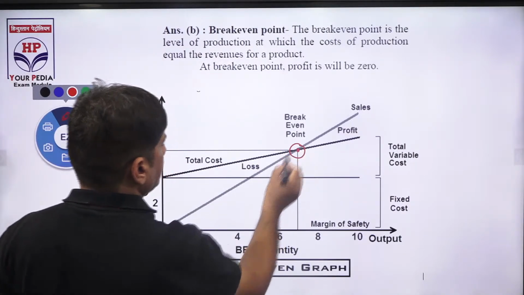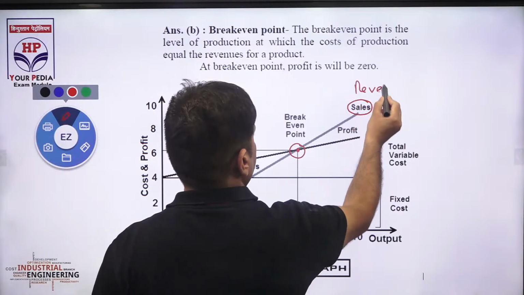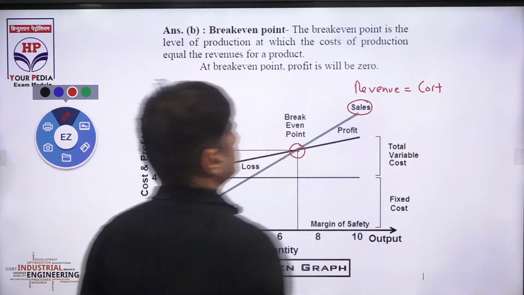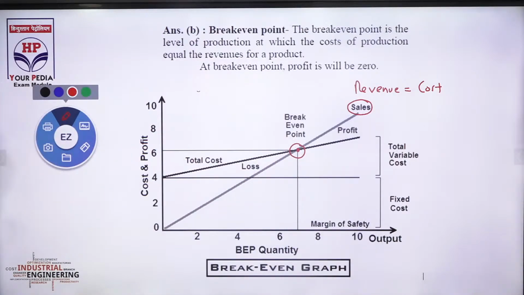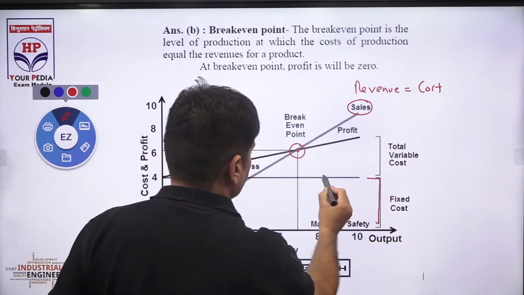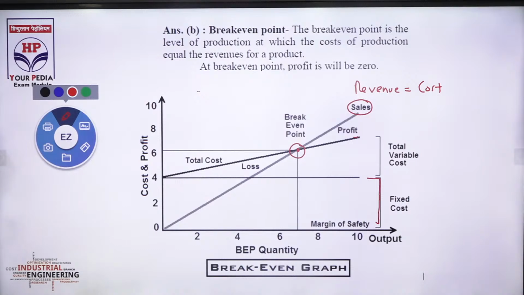In break even point, the total revenue which comes from sales is equal to total cost. Cost is something which you spend, and cost is of two types. There is a fixed cost, as you can see in this horizontal line, and then there is a variable cost. Fixed cost plus variable cost becomes total cost.